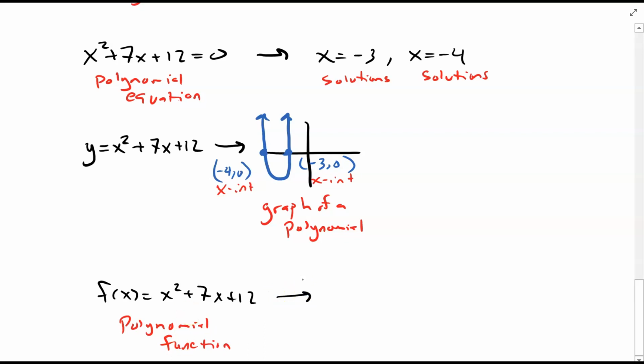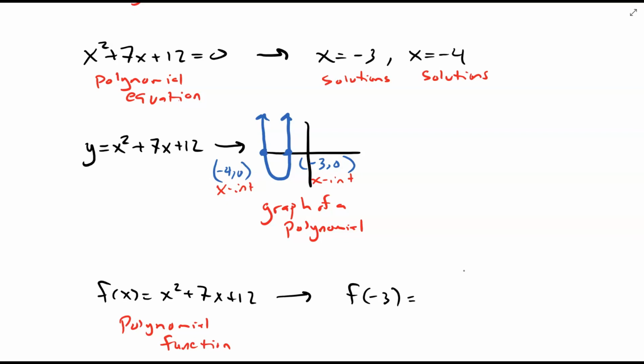So let's say we have the polynomial function f of x is equal to x squared plus 7x plus 12. What do I get if I do f of -3? What does f of -3 tell me to do? Good. Substitute -3 in for x's.